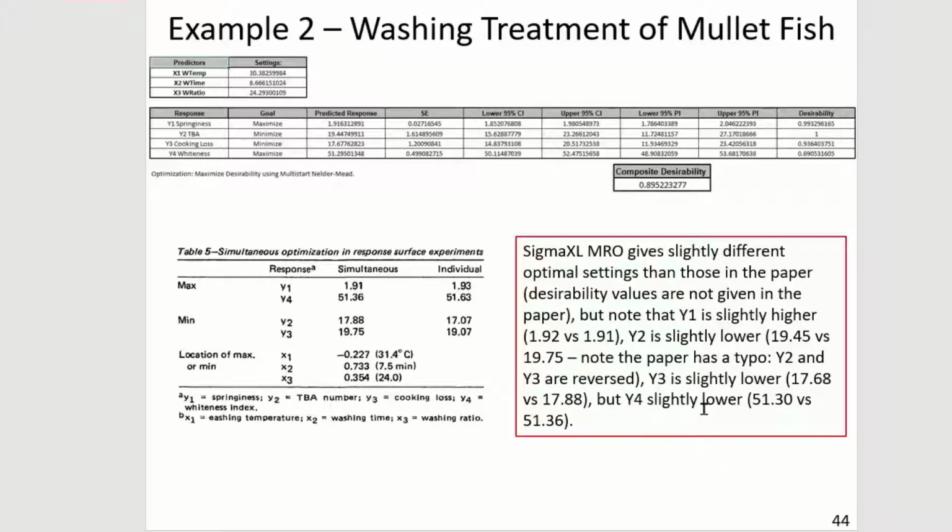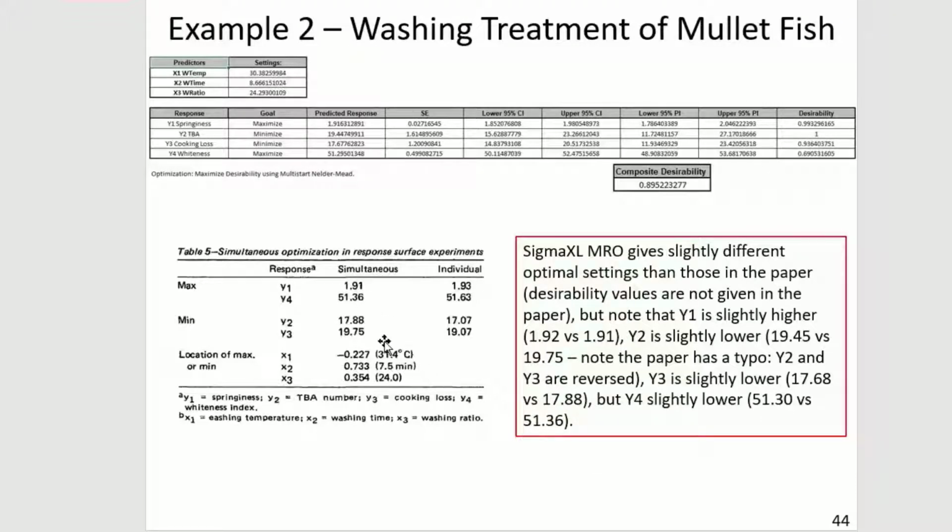Our Y3 is a little bit lower than what's given in the paper. By the way, these are reversed, another typo in the paper. And the only variable that is not quite as good, but still pretty close, is Y4. So we have 51.3 versus 51.36.